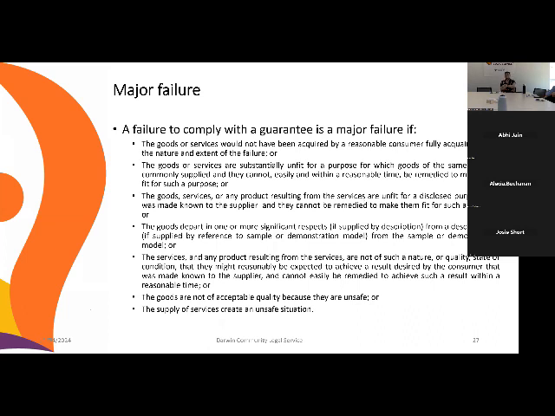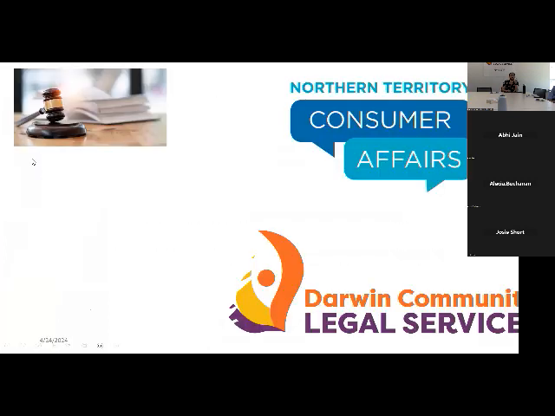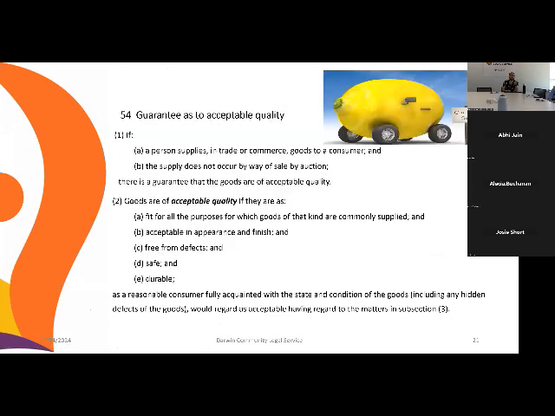You can look at whether the goods or services are substantially unfit for the purpose for which goods or services of the same kind are commonly supplied, and they cannot easily and within a reasonable time be remedied. Other things could be if they're unsafe, if the goods are not of acceptable quality. So we go back to the provision. As we noted, acceptable quality meant that the goods are safe, here in subsection 2.